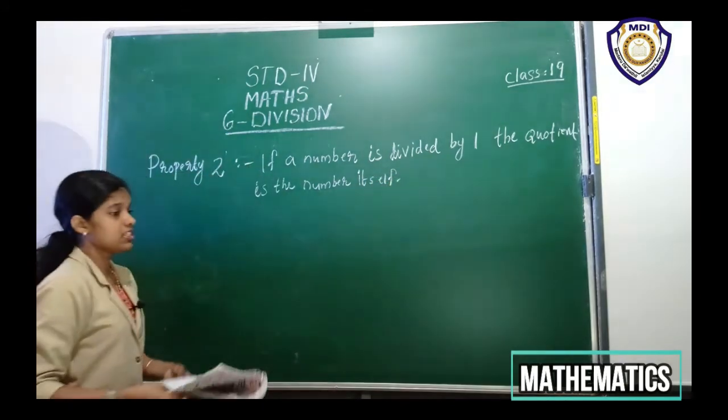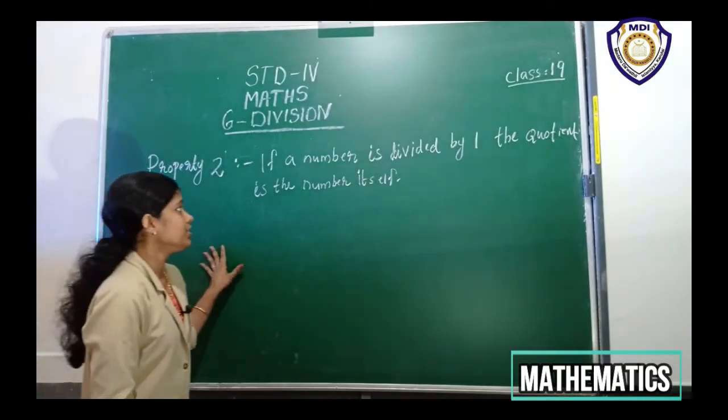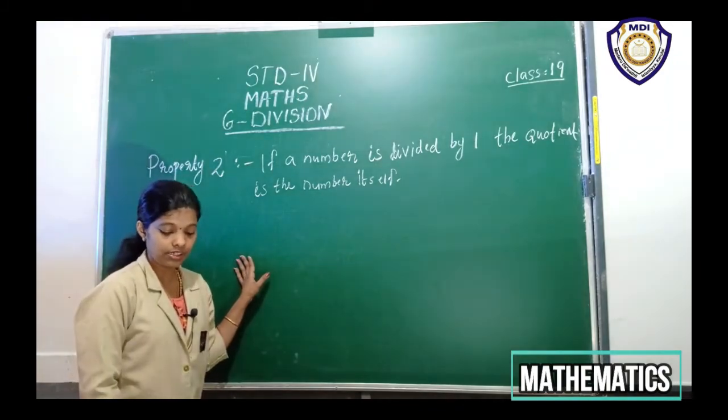Okay, what is property 2? If a number is divided by 1, the quotient is the number itself. Okay, one example for you.